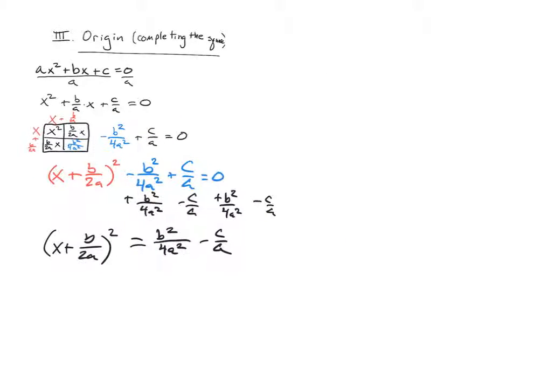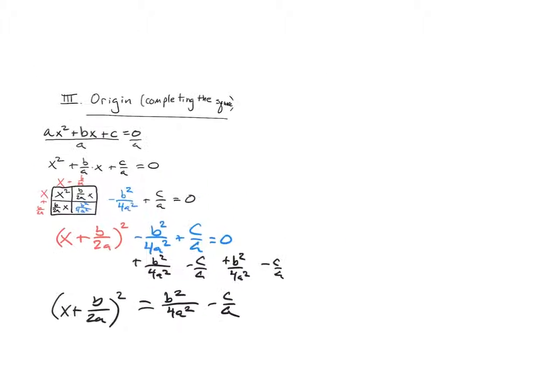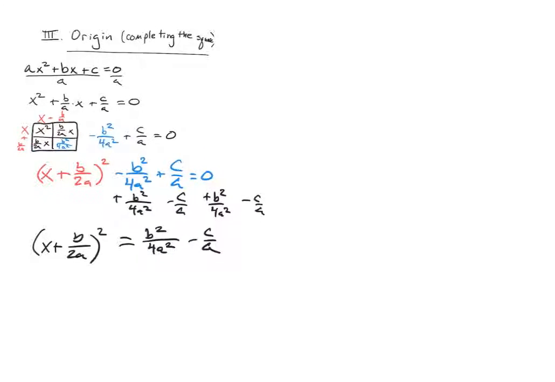Scrunch it up again and put it over to the other side. Maybe draw a line this time so we can work on the other half of the page. All right, so then we need a common denominator so that we can actually add these two things together. So we're going to multiply the c over a times 4a, top and bottom.